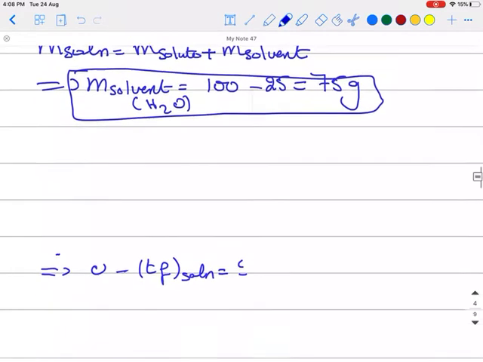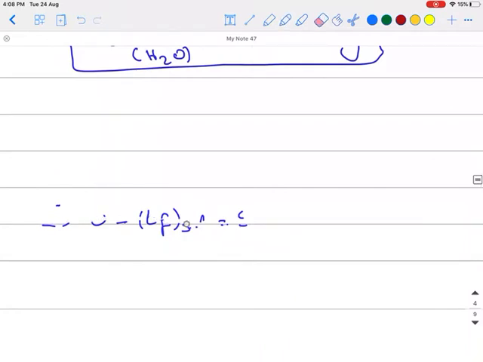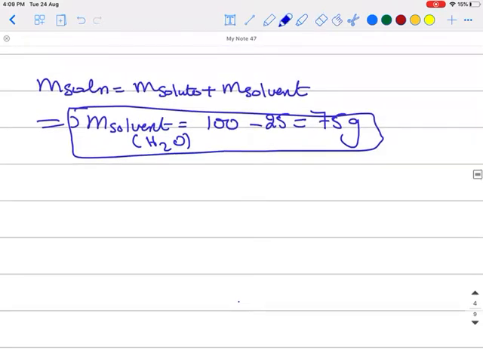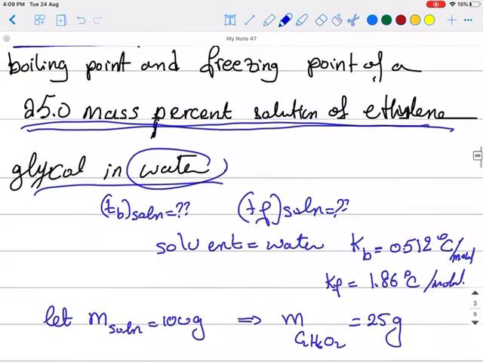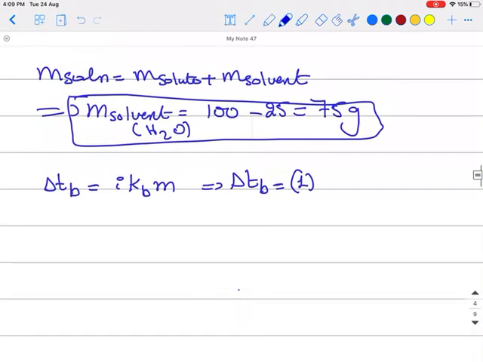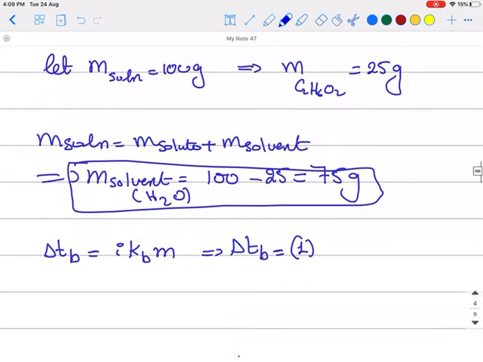Now let me start first of all by finding the boiling point, and then I will move to the freezing point. Delta T_b equals i K_b times the molality, where i is 1 because ethylene glycol is non-ionic. As you see, C2H6O2 is a molecule, it's not ionic.